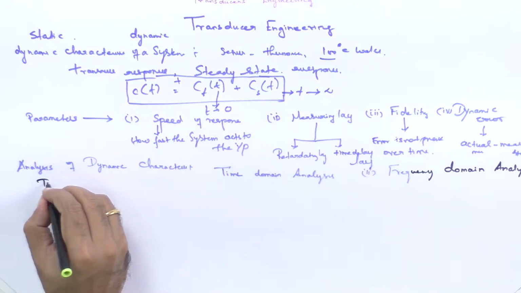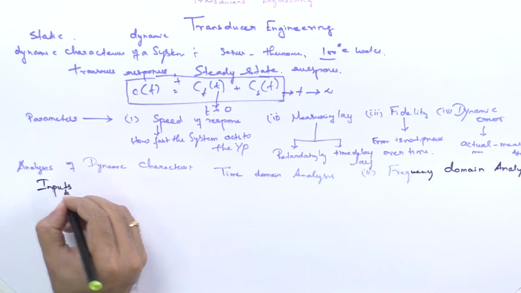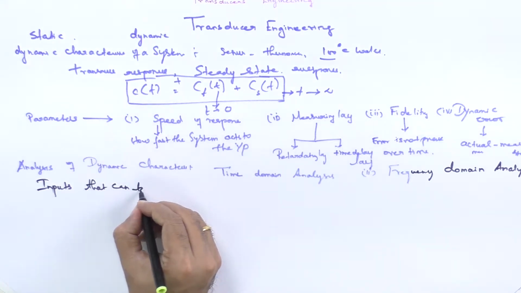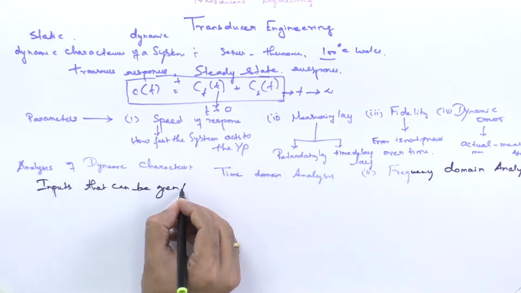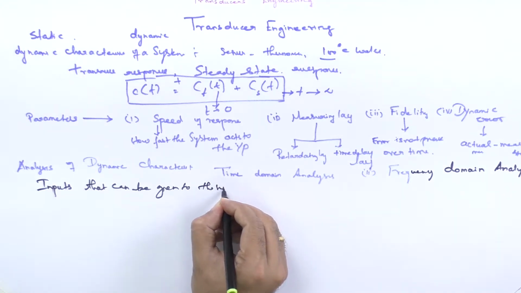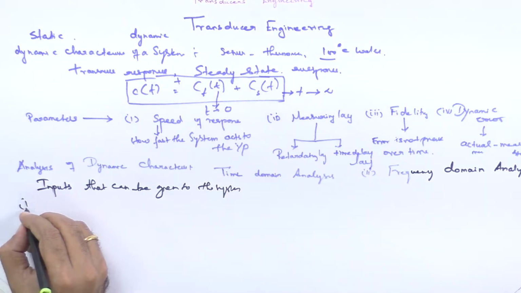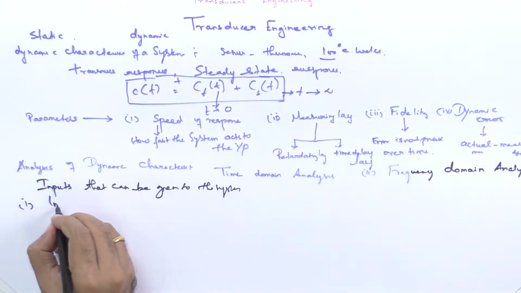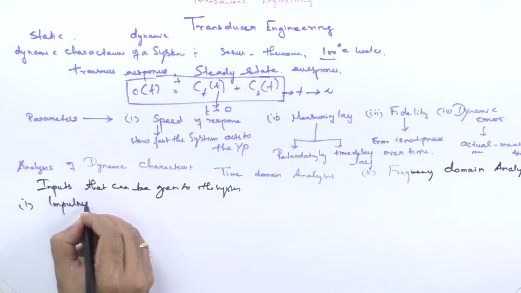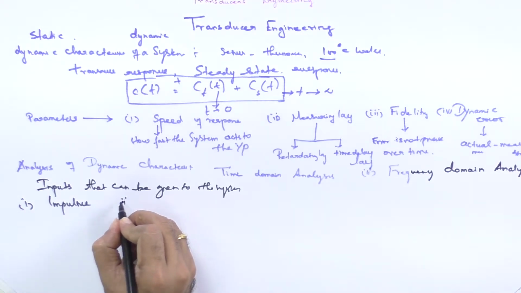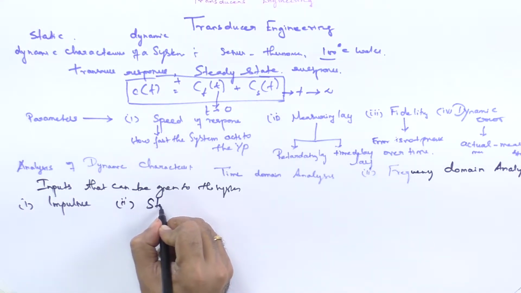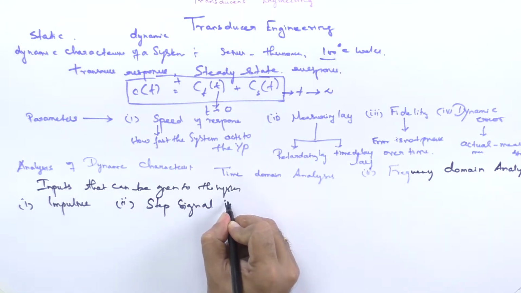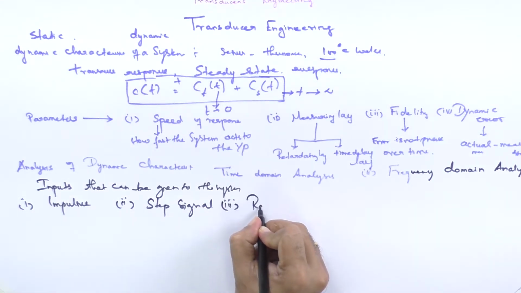What are the inputs that can be given to the system? The first one, most important for time domain analysis, is the impulse signal. The next one is the step signal. The third one is the ramp signal.